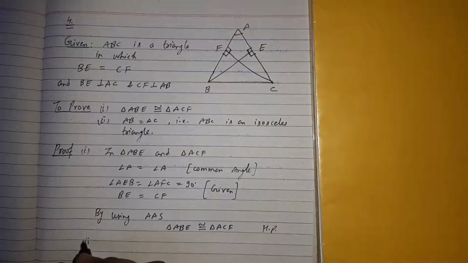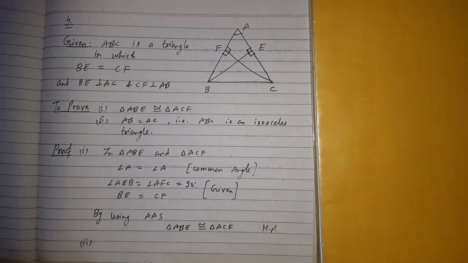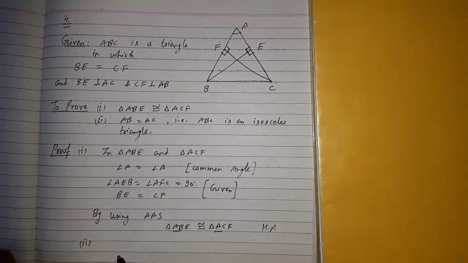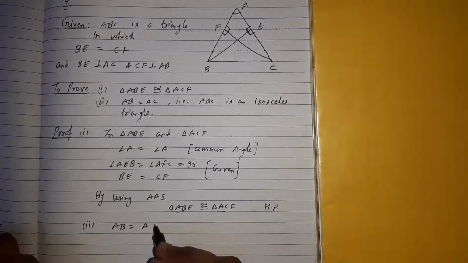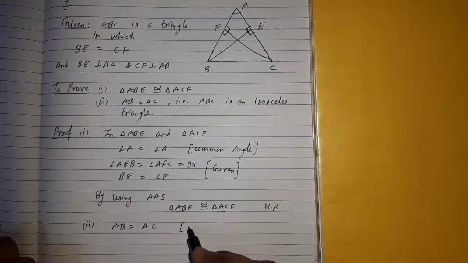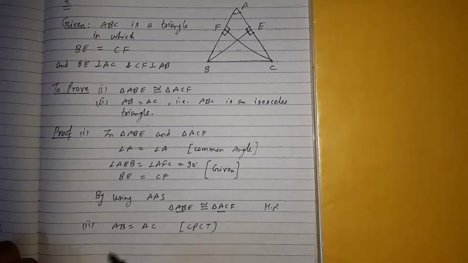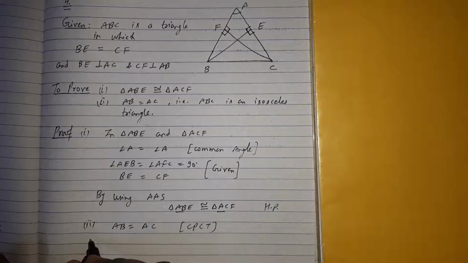Now the second part. By using CPCT we can write AB is equal to AC. Or we can say that ABC is an isosceles triangle because the two sides are equal.